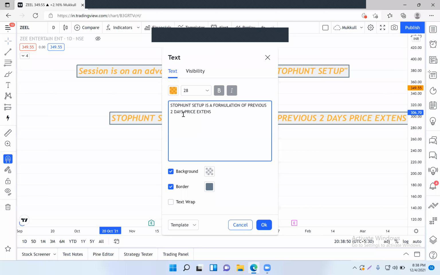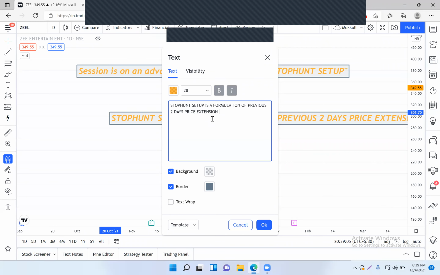I was saying stop hunt setup is a formulation of previous 2 days price extensions.